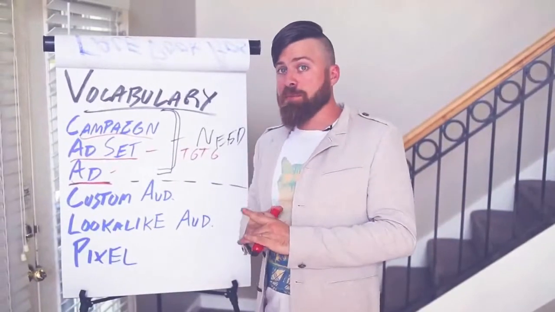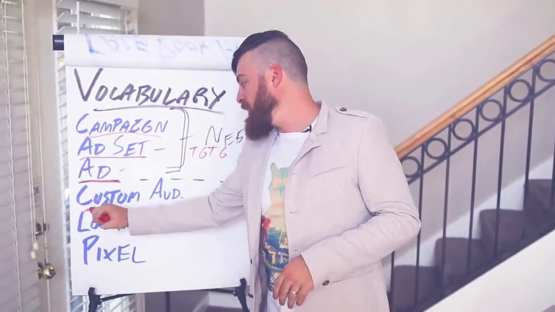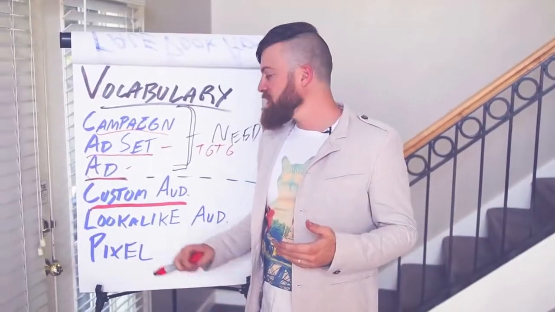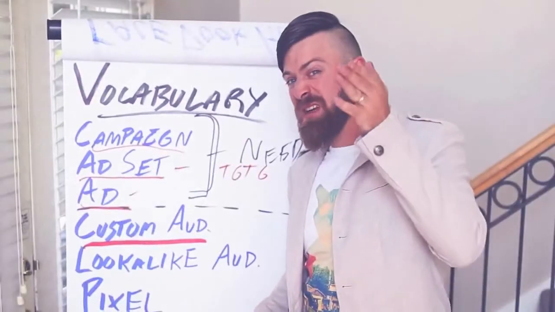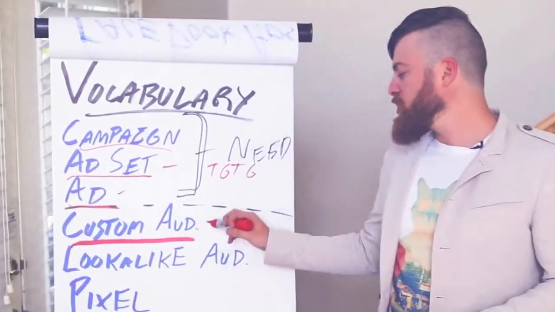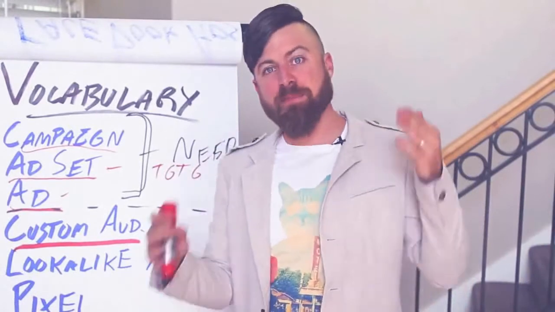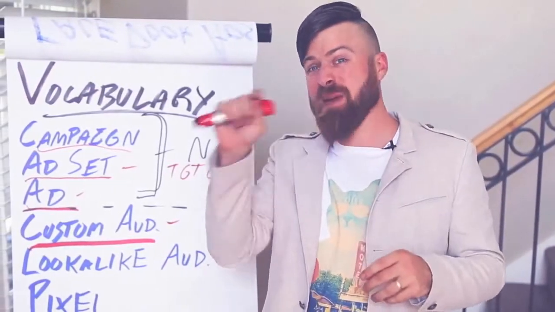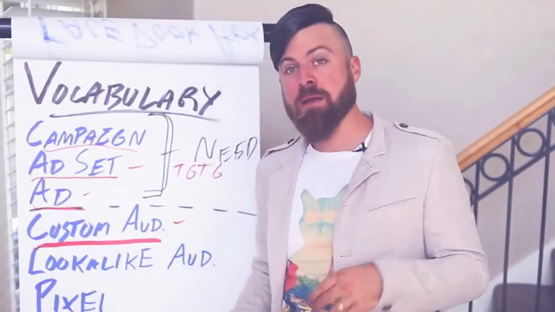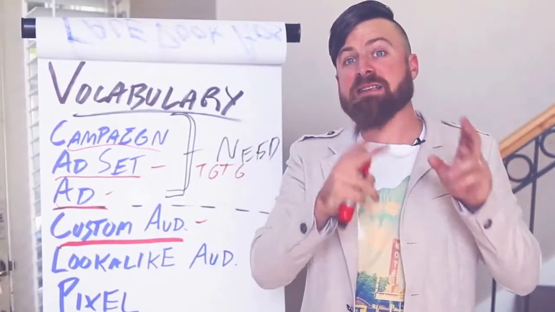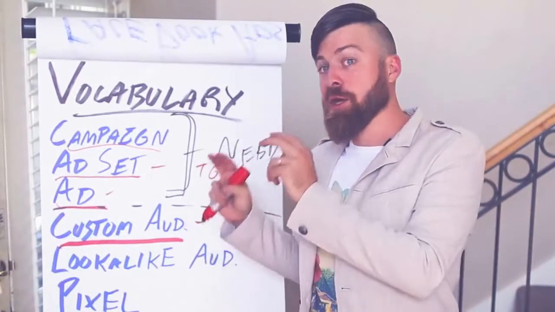The first useful piece of vocabulary to know is custom audience. A custom audience is an audience that is really custom to you and your business. If you have a website that people are already visiting, you can put Facebook's pixel on it, which we'll explain in a second, and basically have Facebook send ads to the people who are already visiting your business.